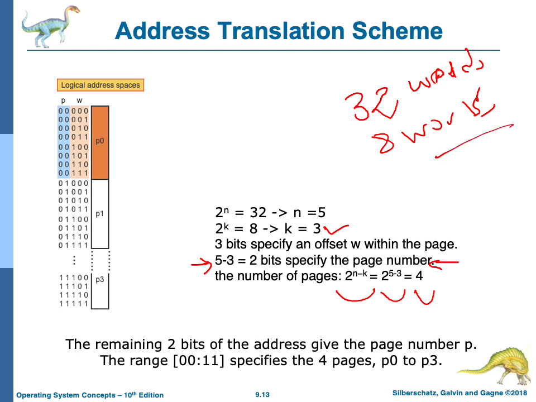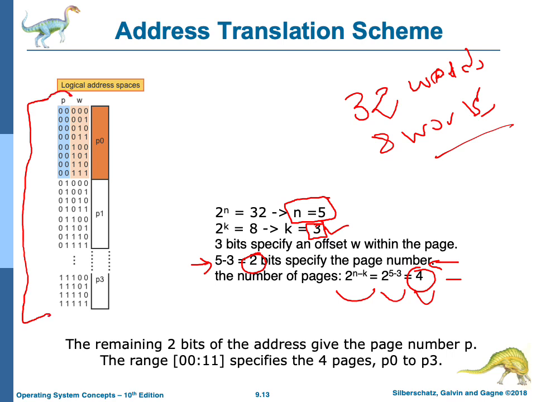Then automatically I will end up with a total of 4 pages that each has a size of 8 words. And so in terms of bits, since the total address space requires 5 bits and I will need 3 bits for the offset, automatically I will need the remaining 2 bits for the page number. So therefore my logical address space will look as the following.